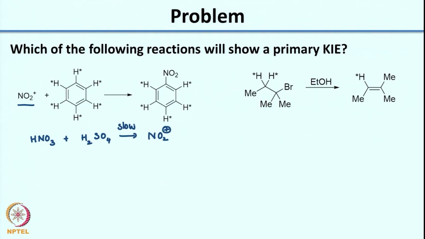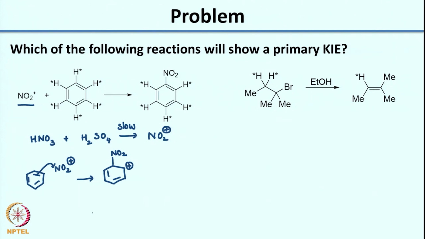So once you generate the electrophile, this is your aromatic ring, you have your NO2 plus, you generate this intermediate and you can write several resonance structures for this. I am just showing you one.